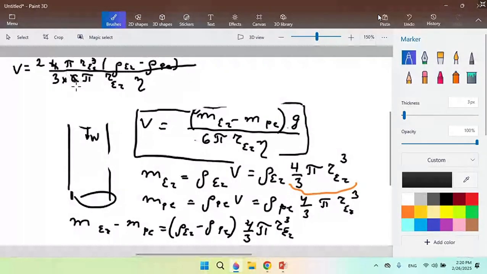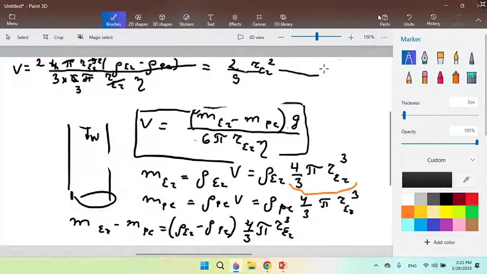So thus we can simplify 2, 3. Then pi cancels pi in the denominator. Third power with this becomes second power. So that's what is left. 2 divided by 3 times 3, 9. We've got erythrocyte radius second power.